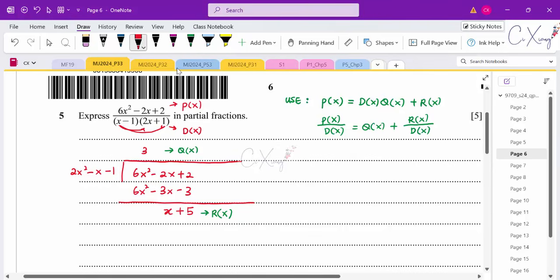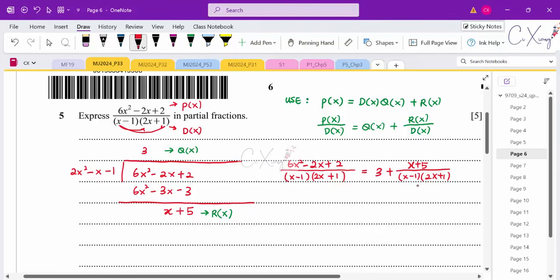So if I want to rewrite this rational function, this fraction again, I can write it into this pattern where your function now is 6x squared minus x plus 2 divided by this, equals the quotient. The quotient is 3, the remainder is x plus 5, and the divisor is x minus 1 and also 2x plus 1.